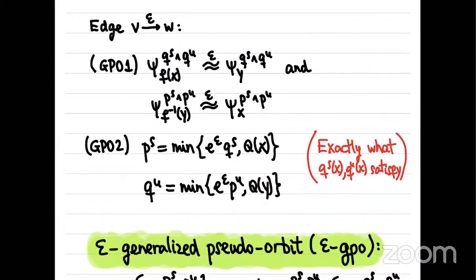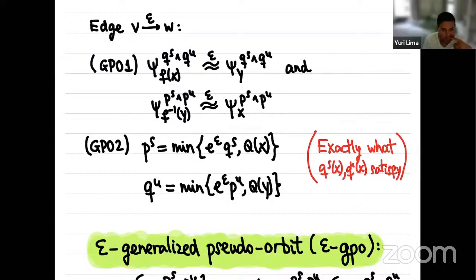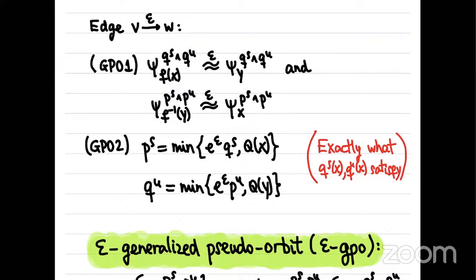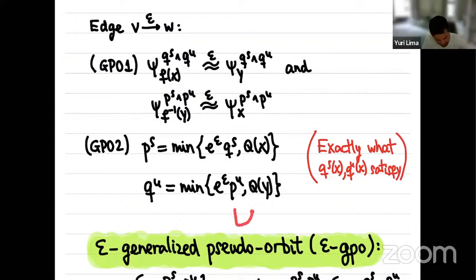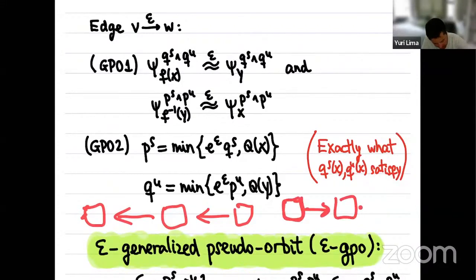So Yuri, excuse me. If you have a pseudo orbit, the parameters of the pseudo orbit are going to be determined only by the value of two parameters, like these scales. You only have to choose two scales and then you can determine everything else? Because it seems like PS is totally determined by QS. Yes. From QS, you can go to the past to define the stable ones. And then QU, if you have one guy here, you determine this one.